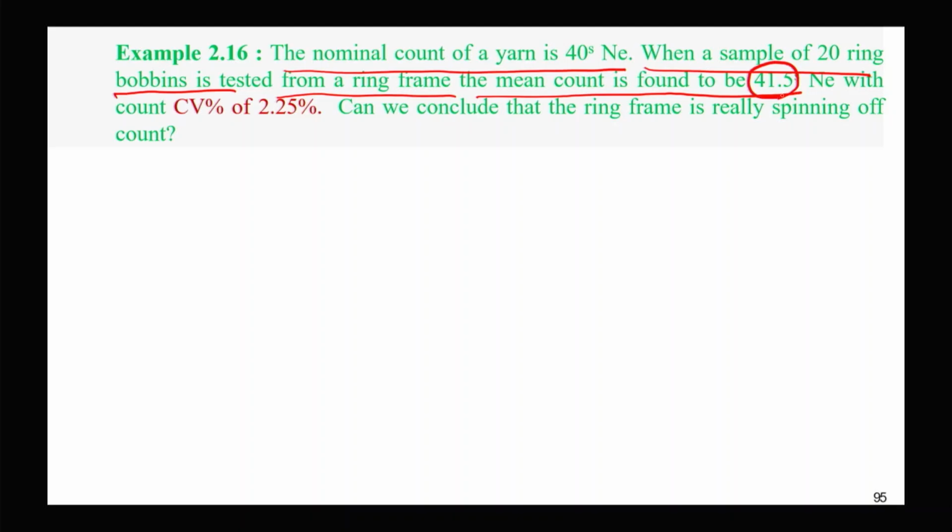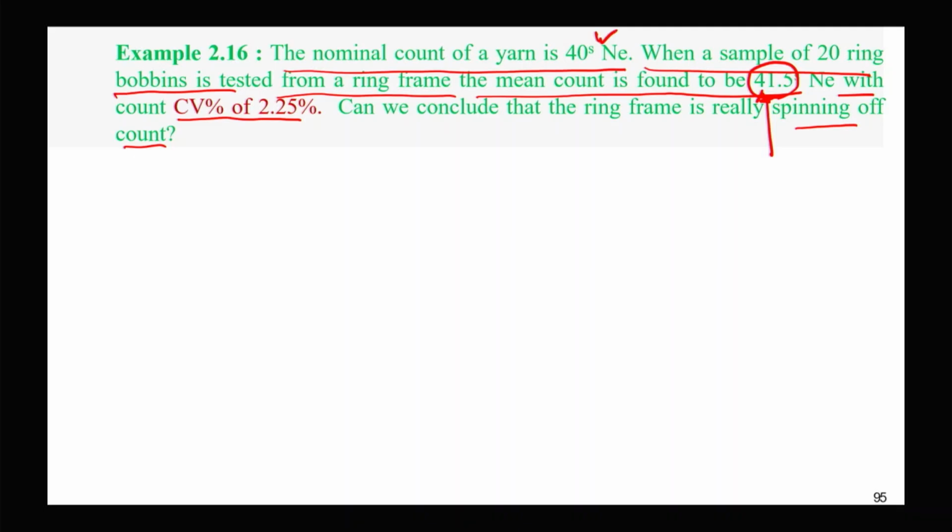Now, with a CV of count of 2.25%. What we have to judge is whether the ring frame is really producing an off count, in this case a finer count, whether this 41.5 count is really finer than the 40 count.